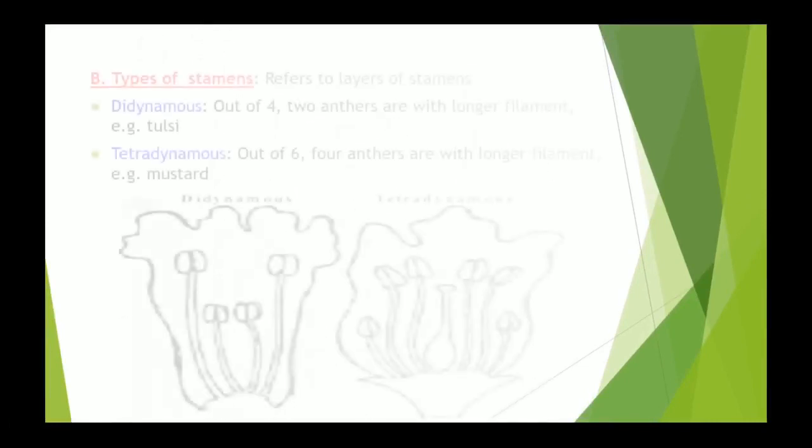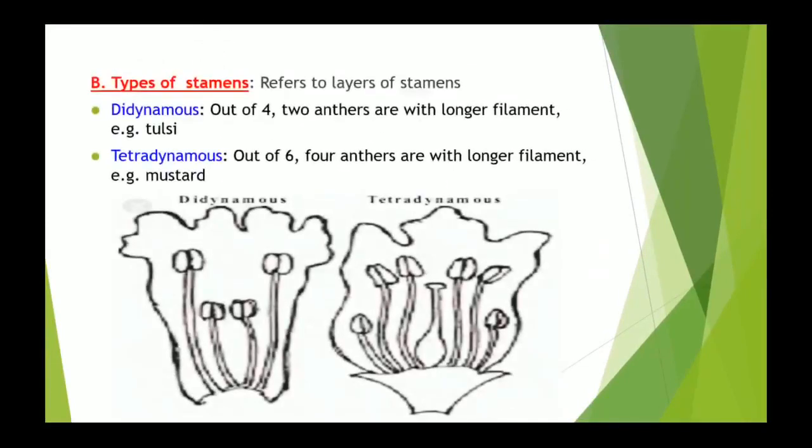Got it? Then the second category, the second variation, is types of stamens on the basis of layers, meaning the stamens are shorter or longer. These are of two types, didynamous and tetradynamous. Didynamous means out of four stamens, two anthers are longer and two are smaller.